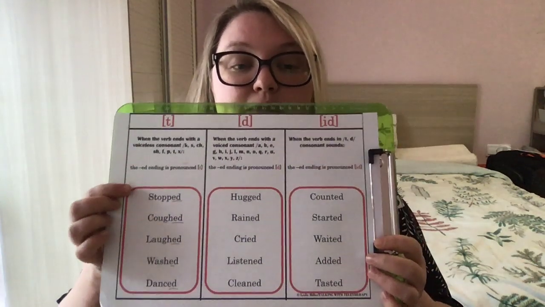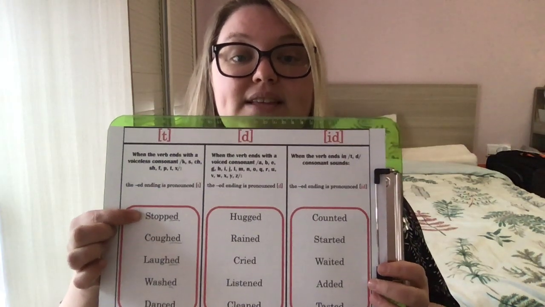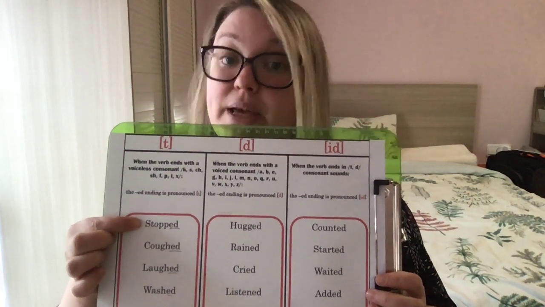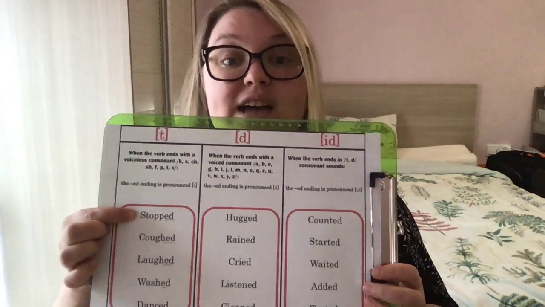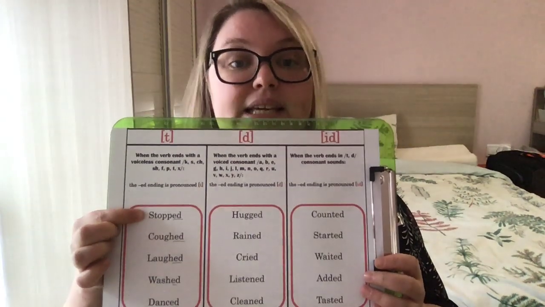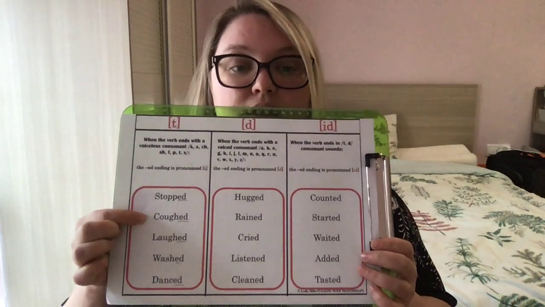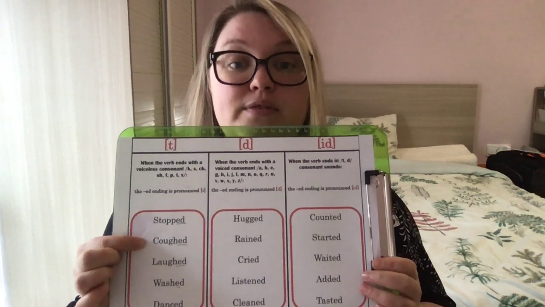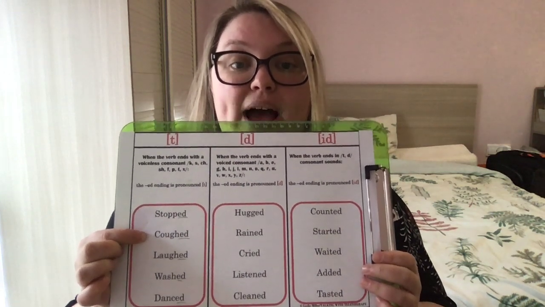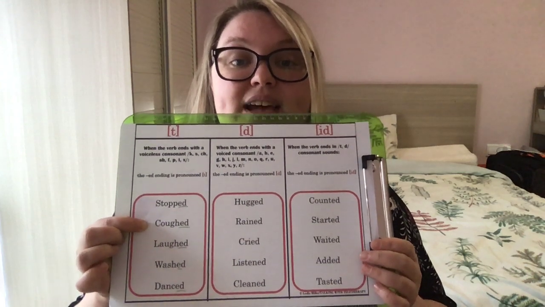So for the verb stop, in the past tense, you don't say stopped, you say stopped. The ed makes a T sound. For the verb cough, the past tense coughed makes a T sound.